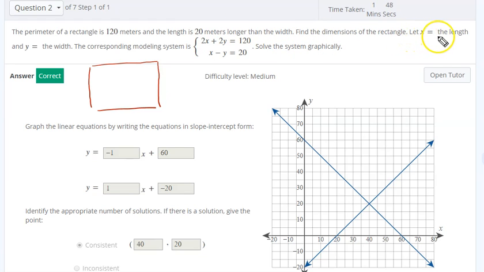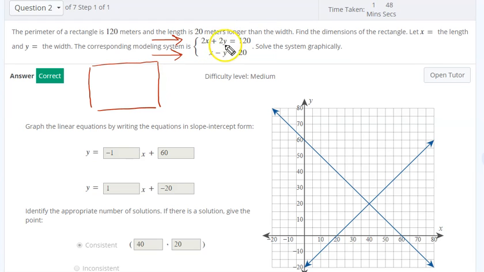Let x equal the length and y the width. So the equations have been set up here. And what you're asked to do then is to graph these equations by converting them, they're in standard form, to slope-intercept form. So that's what we'll work on.